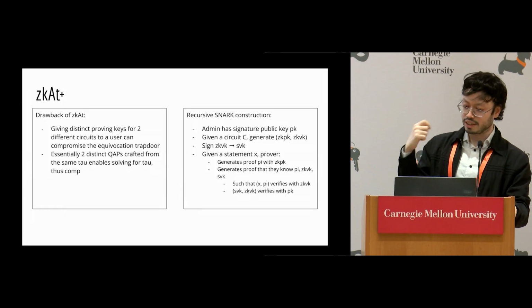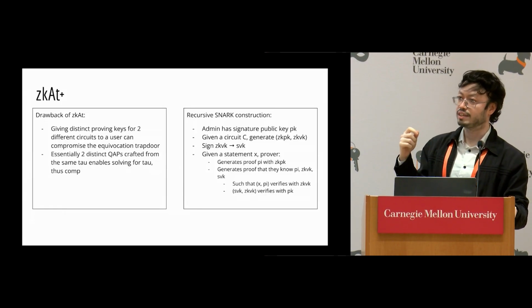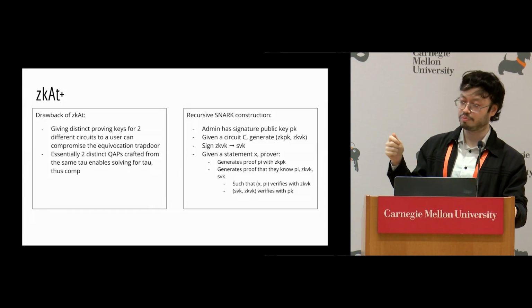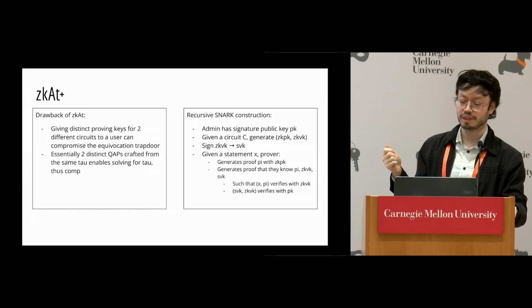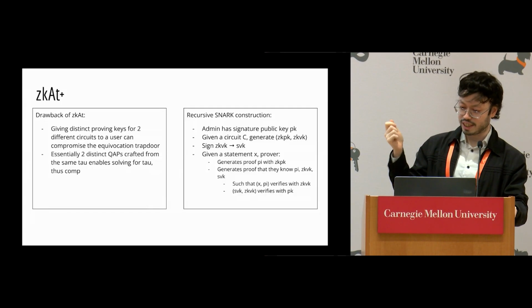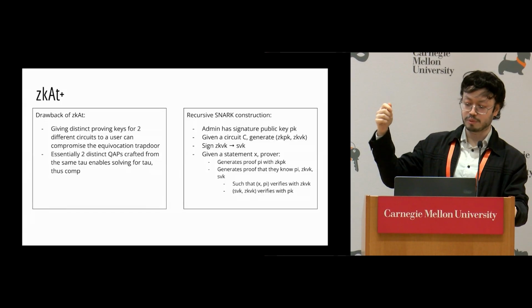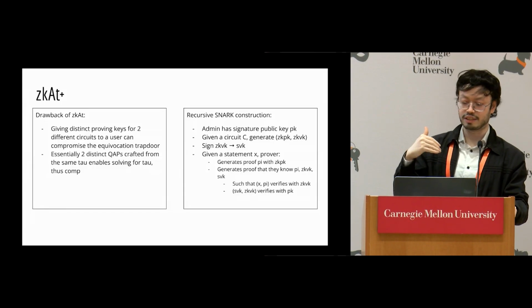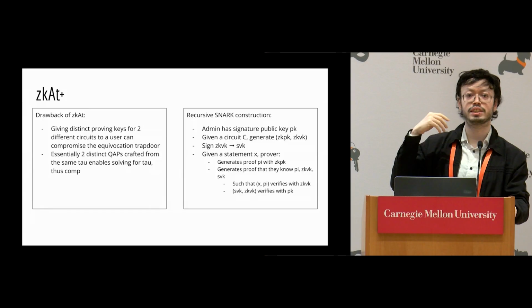Now, what the prover does is that, given a statement x, this prover generates first a proof pi with zkPK, okay, and then generates a proof that they know pi, zkVK, and the signature, such that this x comma pi actually verifies with zkVK, and the signature also verifies.